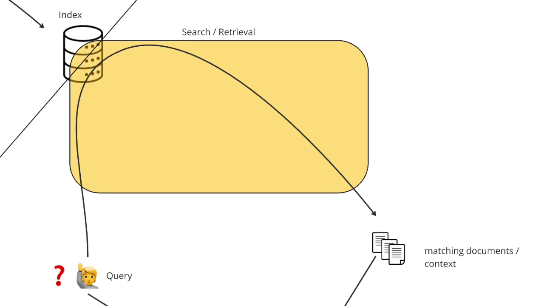So the search and retrieval phase begins with the user querying the application, and then the query is used for finding documents in the index, and then in a good case the application finds some matching documents for the query. This is the end result of search and retrieval, the matching documents, or the context for the LLM.